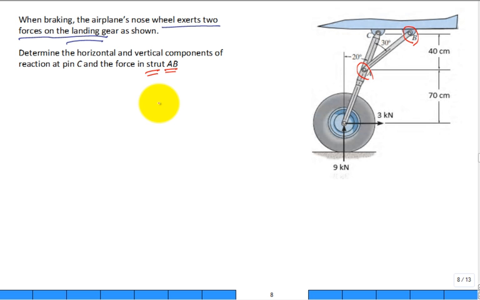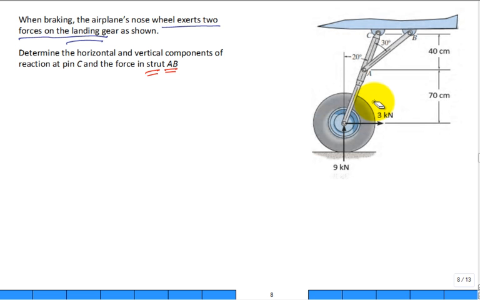It's either a 2-force or a 3-force member. It's a 2-force member. So when you first see these things, you want to analyze them. So let's cut the strut free and do a free body diagram only of the strut. Only of the strut.